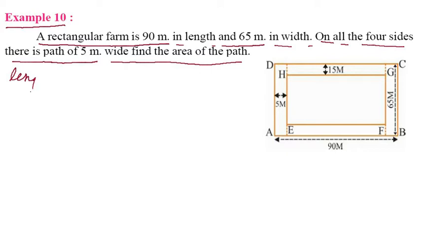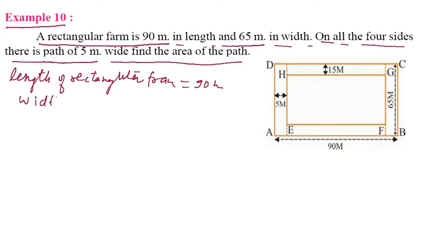First of all, length of rectangular frame is equal to 90 meter, and the breadth, or you can say width, is equal to how much? It is 65 meters.